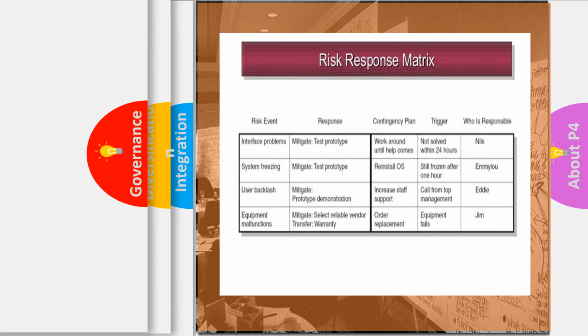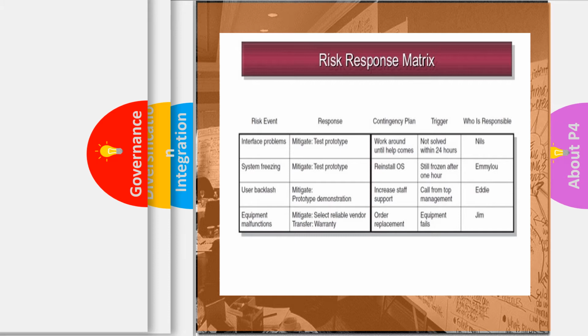A risk response matrix as well. So you could have a risk matrix breaking down the possibilities and percentage probabilities that a risk could happen. And then you're actually saying, well, what would be the response if these risks actually happened? And so again, you could have the risk event in this risk response matrix and then the response.